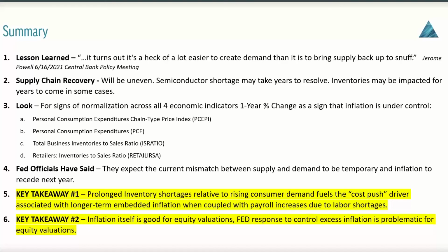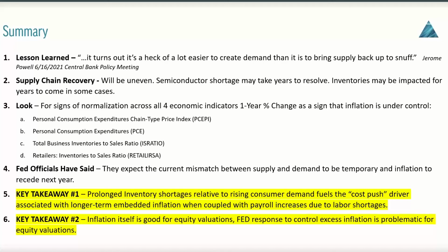Point number 4 of the summary here, Fed officials have said they expect the current mismatch between supply and demand to be temporary and inflation to recede next year. Boy, that would be great, and that would surely be good for equity valuations as well. The key takeaway here, as an extension of that last thought, is that we got to keep in mind that these prolonged inventory shortages relative to that rising consumer demand, right?